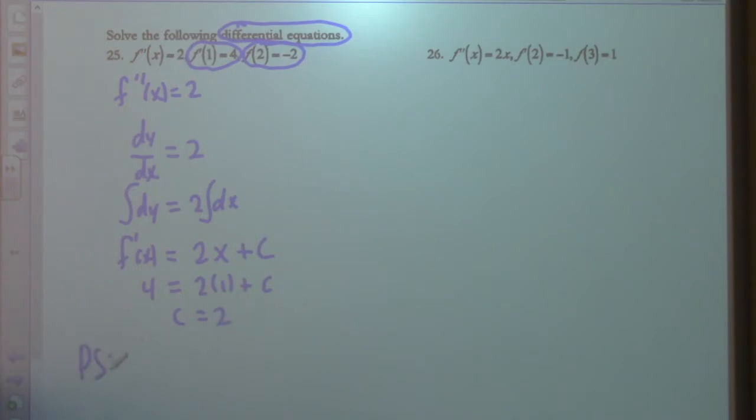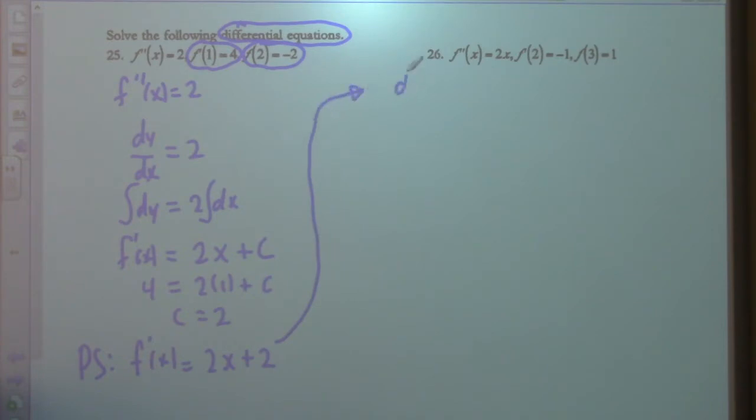I'm going to write down here, we take this thing right here. So we have f prime of x is equal to 2x plus 2, right? 2x plus 2. And so now what are we going to do with this guy? Same thing with that equation? Yeah, same thing, right?